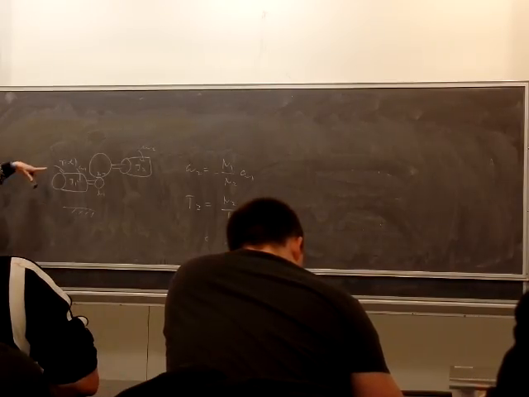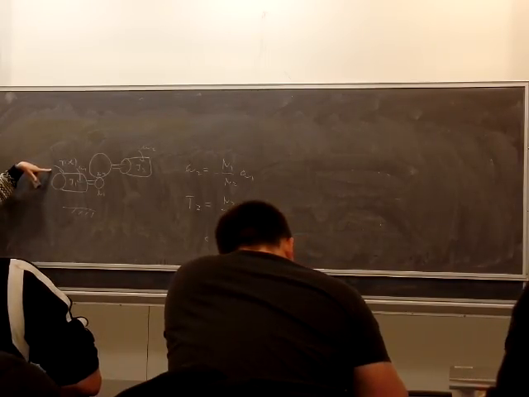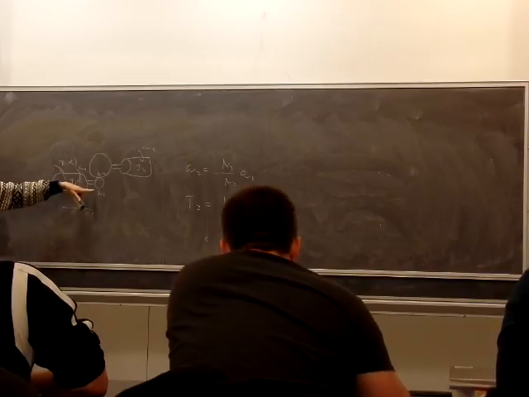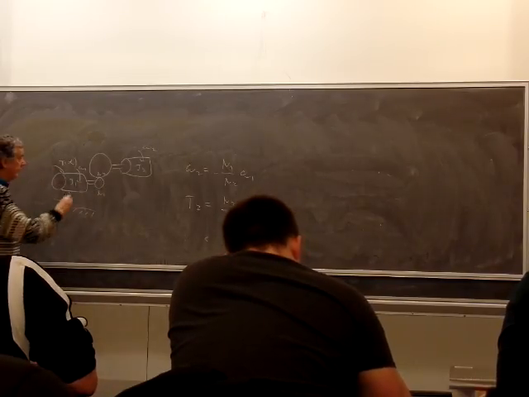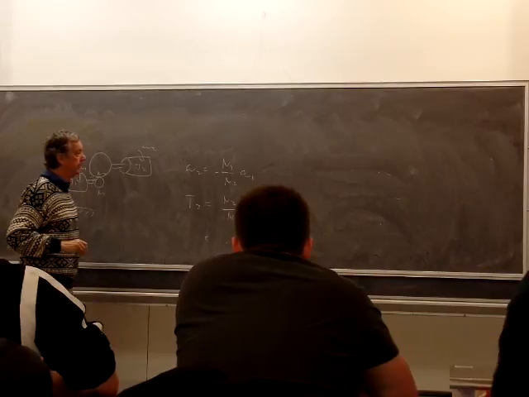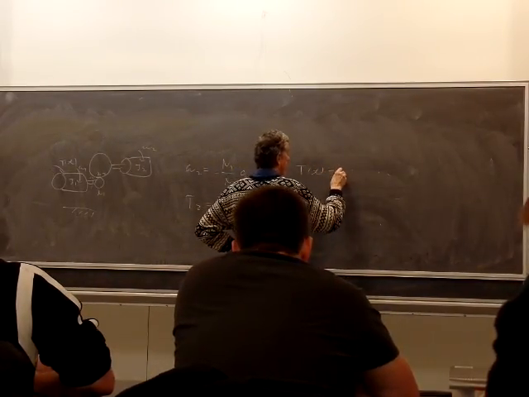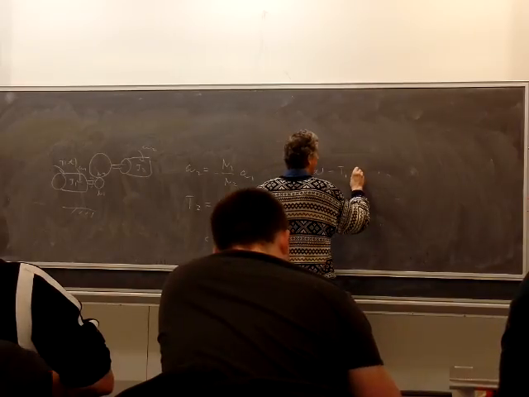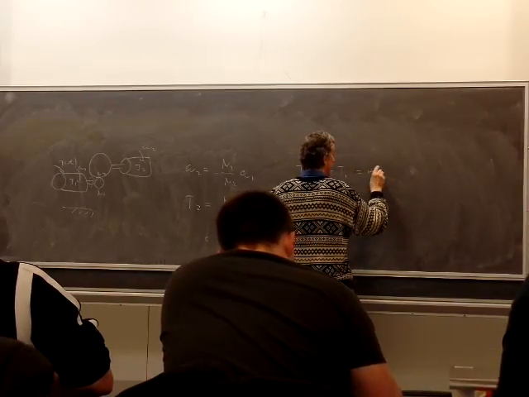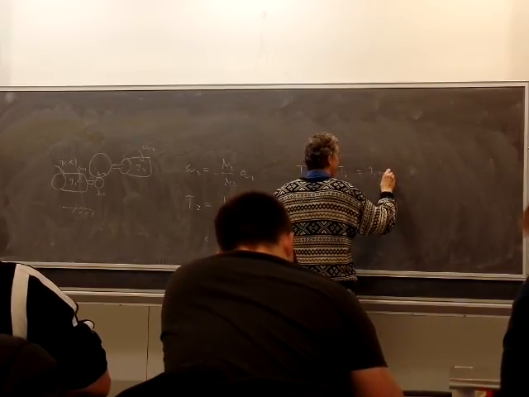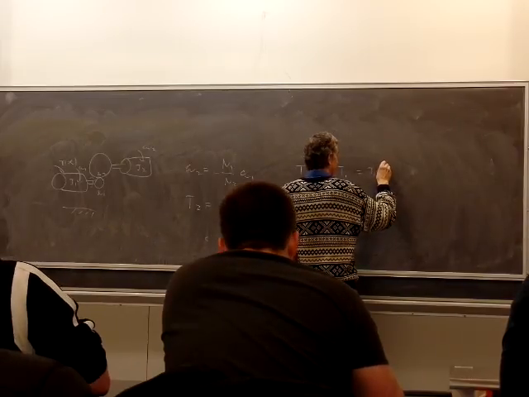The torque T. What else? The torque is here, right? So I have T minus T1 equals J1 omega 1 dot.